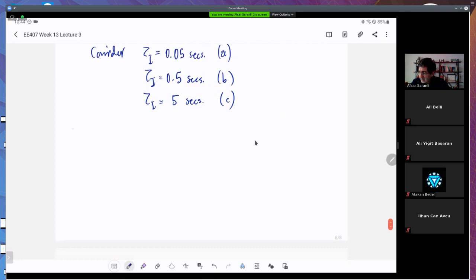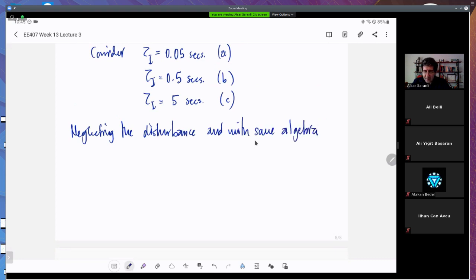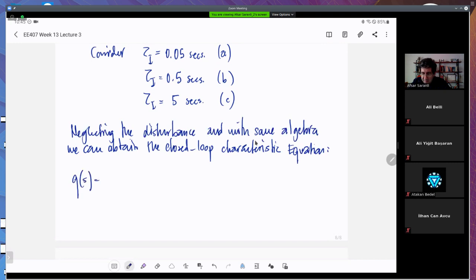Neglecting the disturbance, and with some algebra that I'm going to leave to you, we can obtain the closed loop characteristic equation as Q of S equal to 1 plus KCT Z of S over P of S.